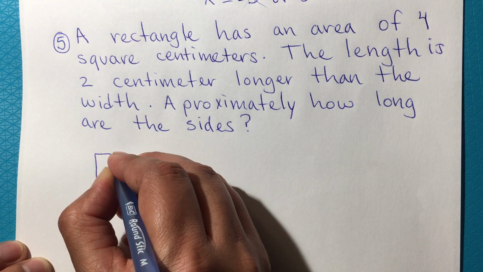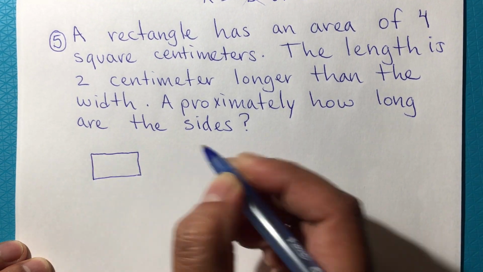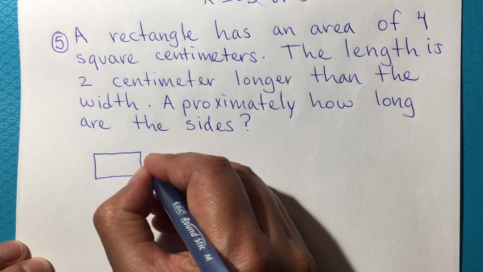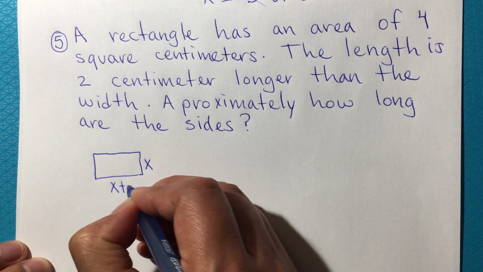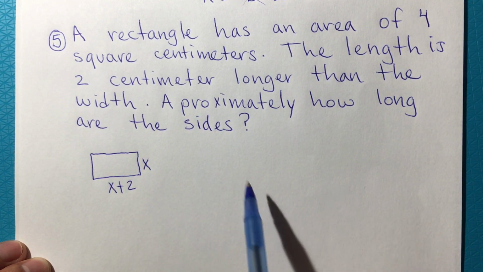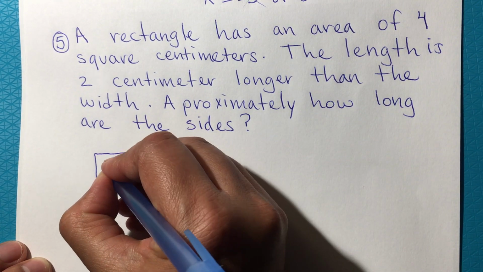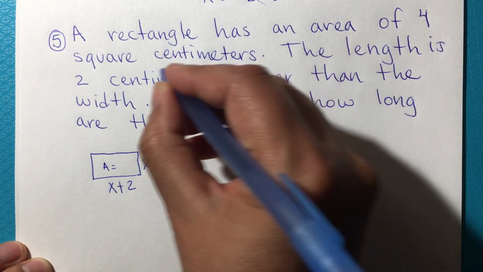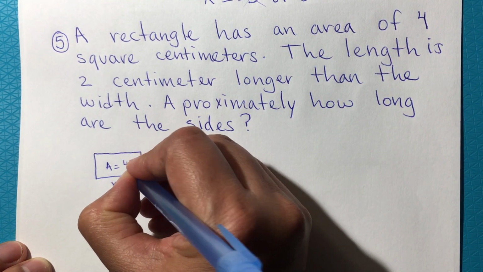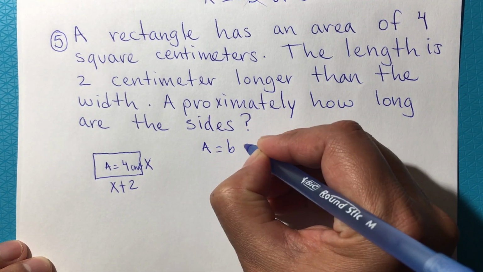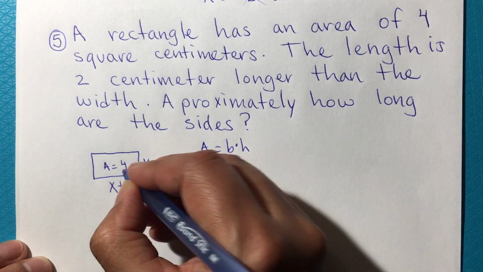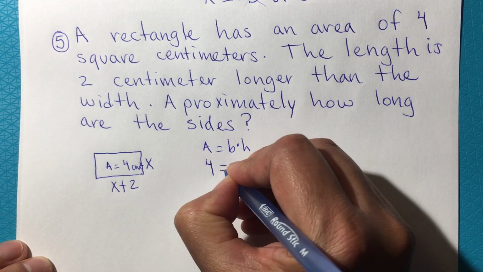Again, we draw our rectangle, and so it says that the length is 2 centimeters longer than the width. Okay, and the area is 4 square centimeters. So area is equal to base times height. The area is 4 square centimeters.